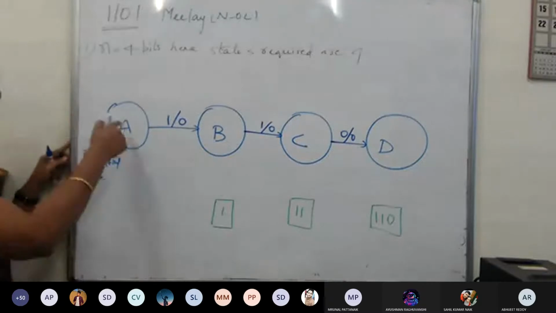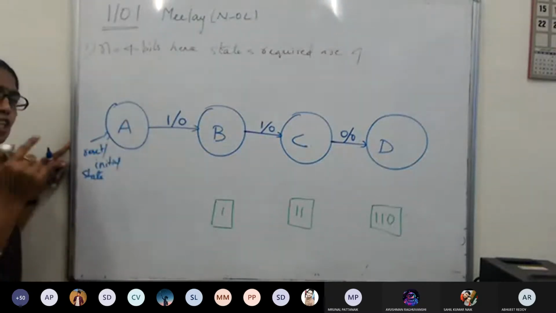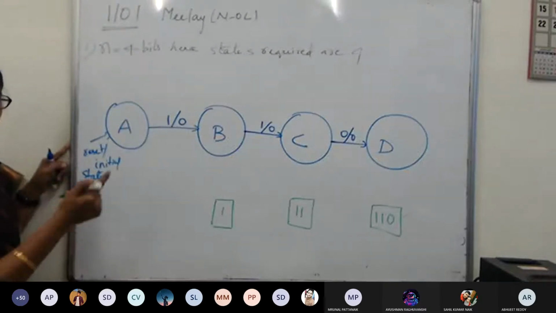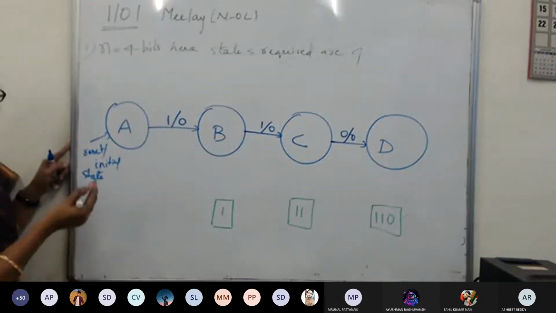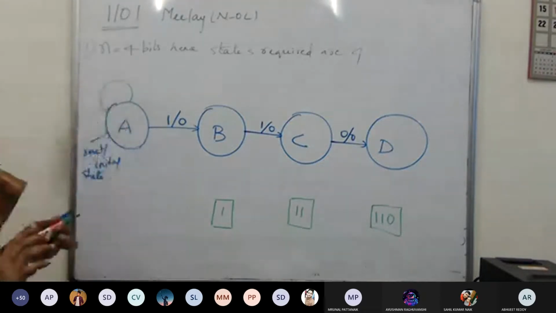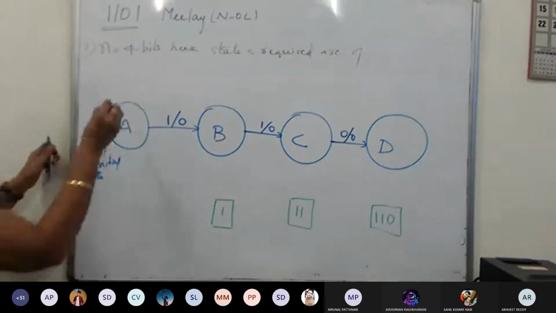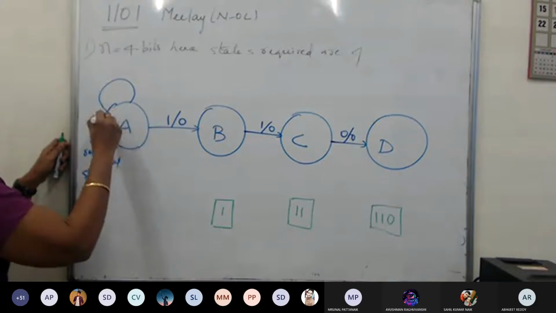Now, at state A, if 1 comes, it moves forward. If 0 comes, what does it have to do? 0 is not a part of the sequence, so the best possibility is to reset, to stay back. Why?